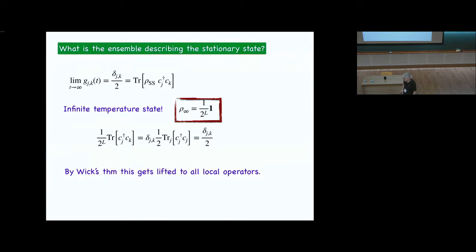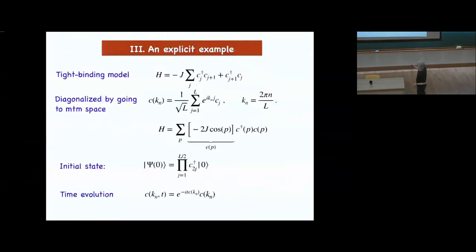In a sense, the ingredients I use here are the same as the ingredients ETH uses to some extent. The main ingredient in ETH is this typicality argument, and that I also used.